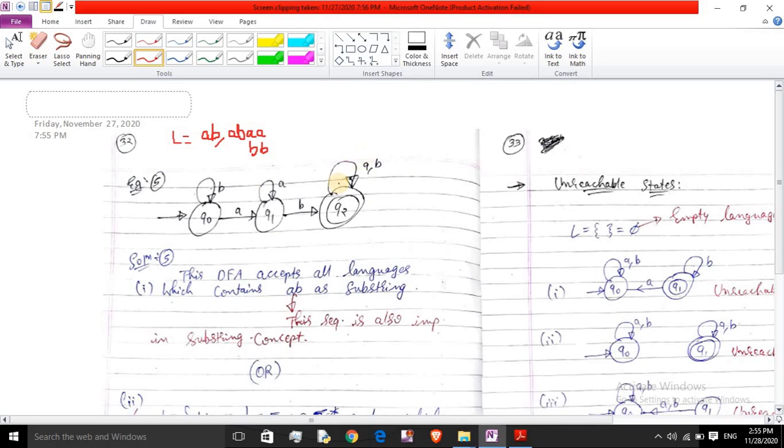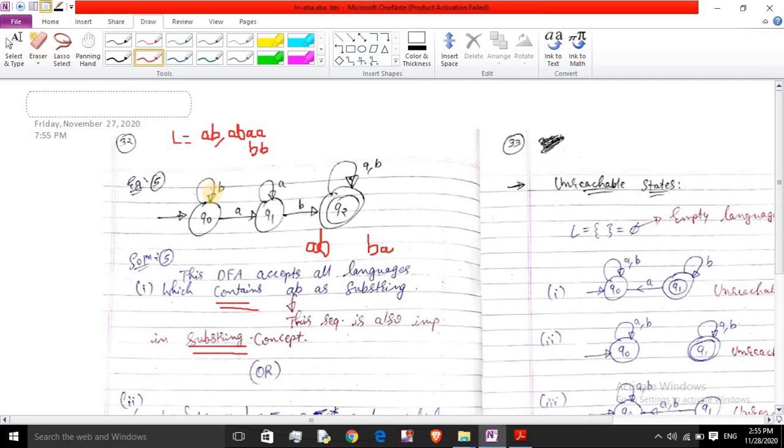Now look at what this machine says. It will accept all strings which contain AB as a substring. This sequence is important in the substring concept because AB should be there. B alone is not accepted here, so this sequence is very important.